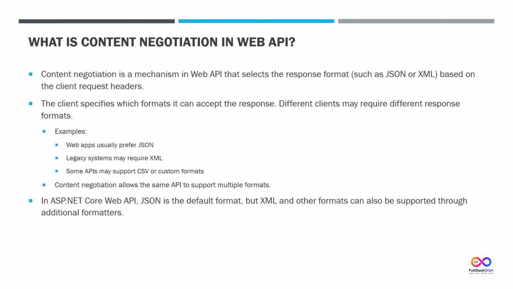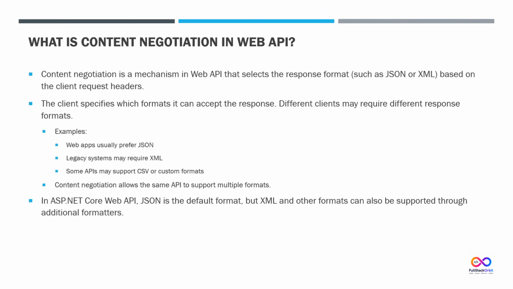The response can be in different formats such as JSON, XML, plain text, CSV, or any other custom format. Nowadays, most web API and mobile application prefer JSON because it is lightweight and easy to process. However, some legacy application may still require XML.